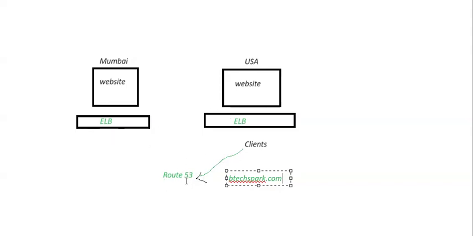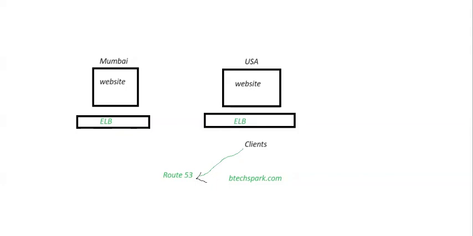Route 53 will remember for this host name: this is the ELB URL, and this is the other ELB URL I have. So I need to route the traffic among these two. Route 53 will remember that I need to map to either this ELB or this ELB.